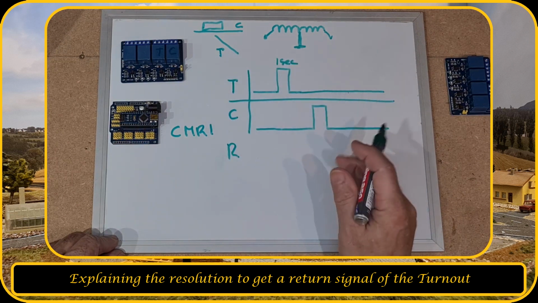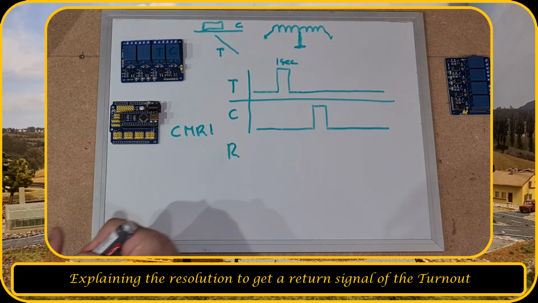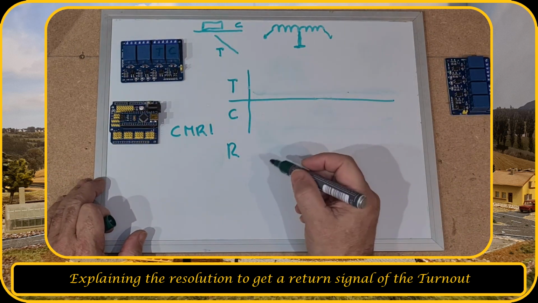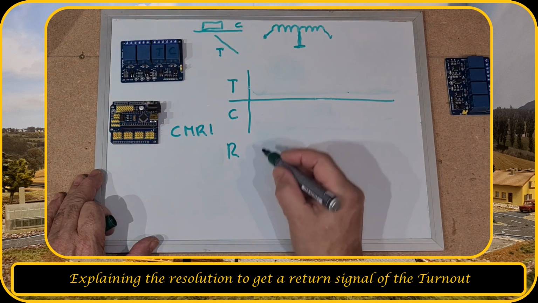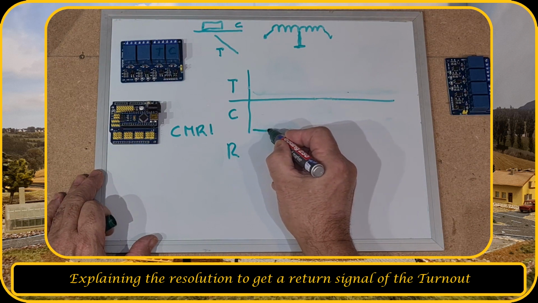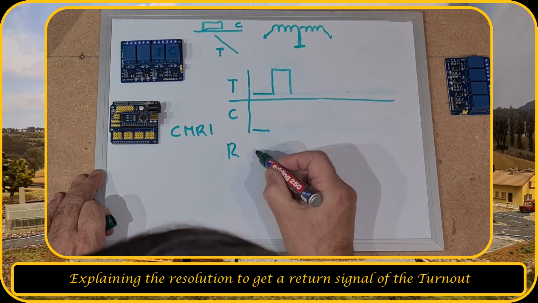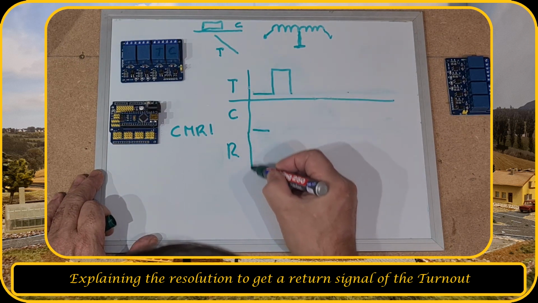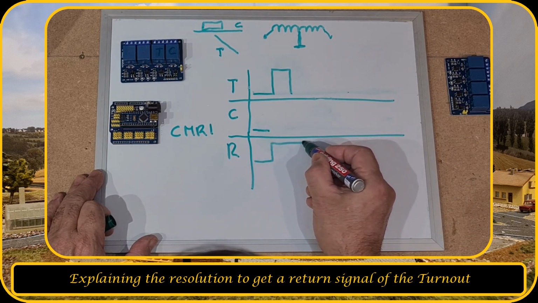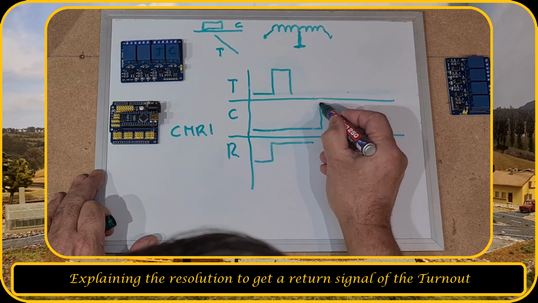So in the beginning I don't know the state, so in my program I do the following, because I want to have the default set to 0. In the time frame I'm going to send a thrown signal. That means the result is high, and then I'm going to send a close signal.